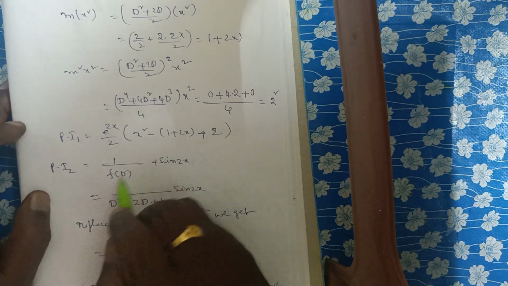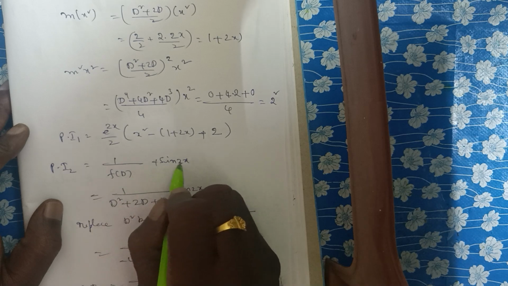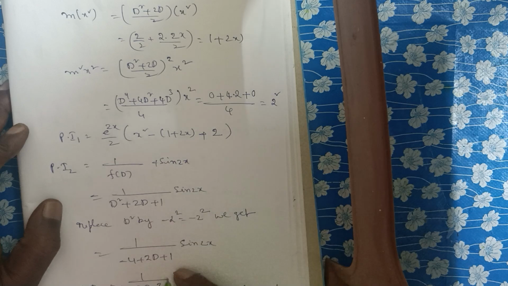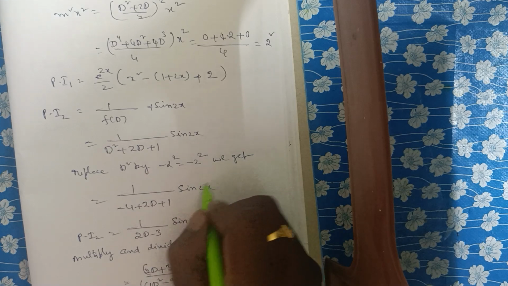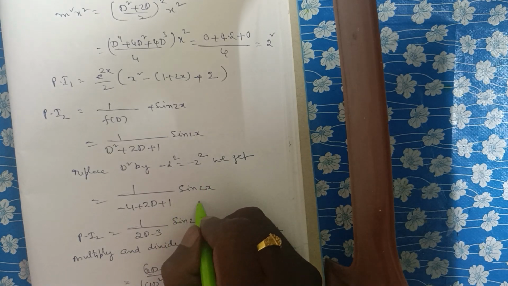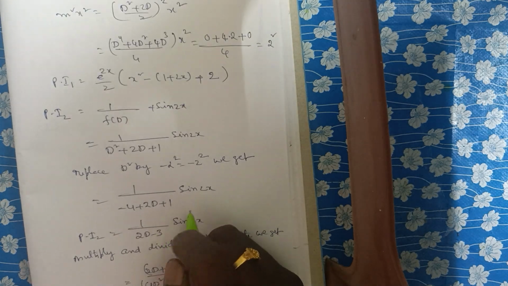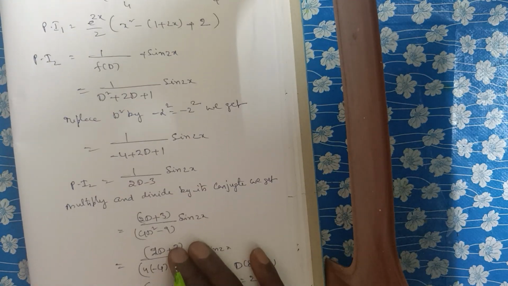Then we come to the value PI2: 1/f(D) into sin 2x, that is 1/(D² + 2D + 1) into sin 2x. Replace D² by -α², that is -2², we get 1/(-4 + 2D + 1) sin 2x. So PI2 is 1/(2D - 3) into sin 2x.